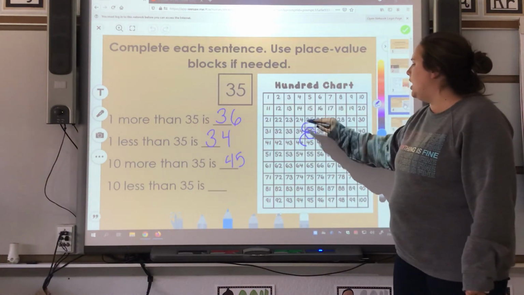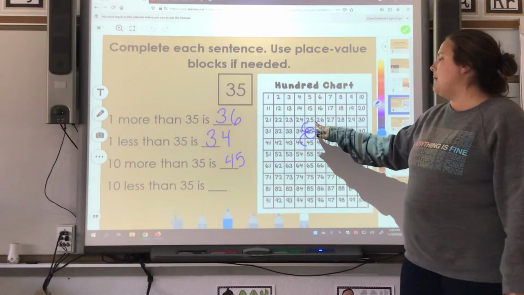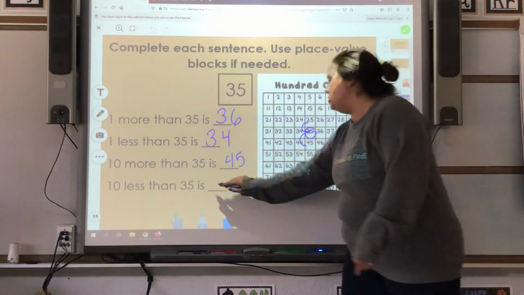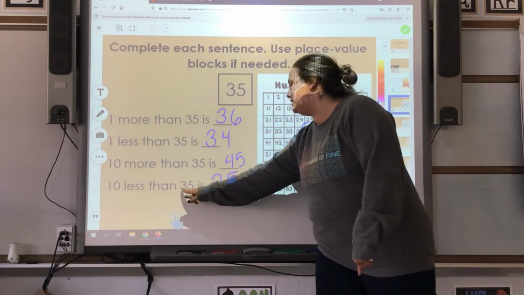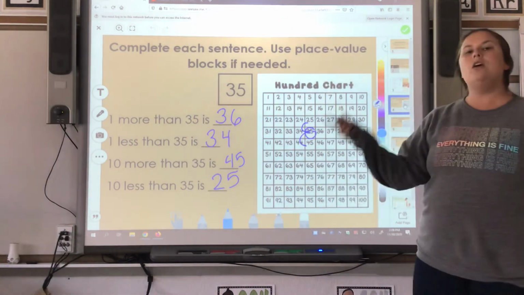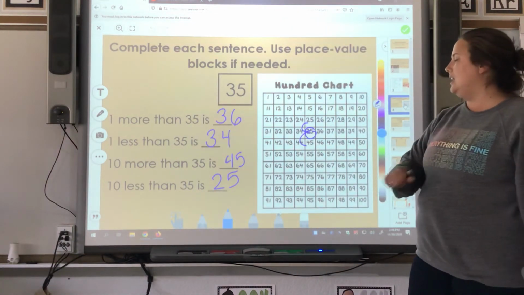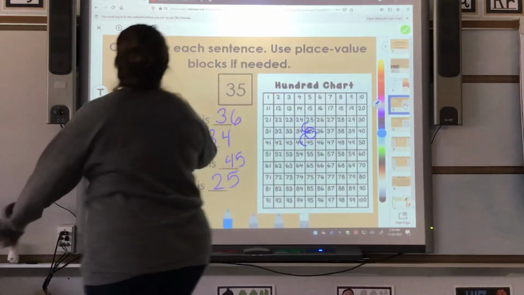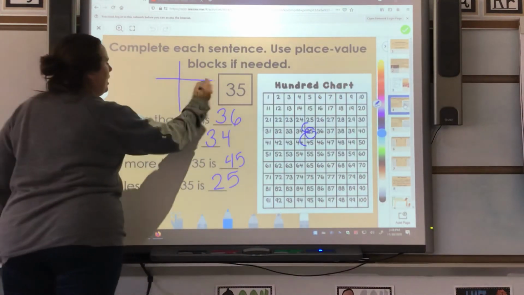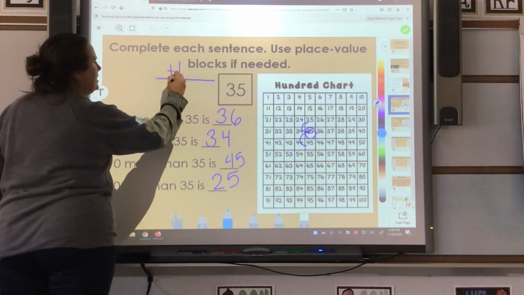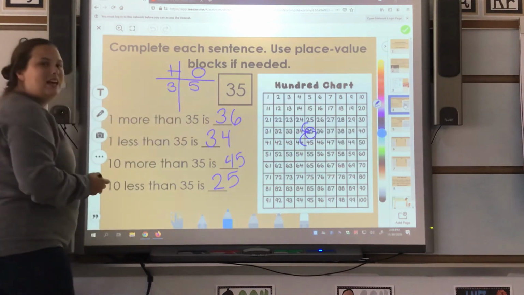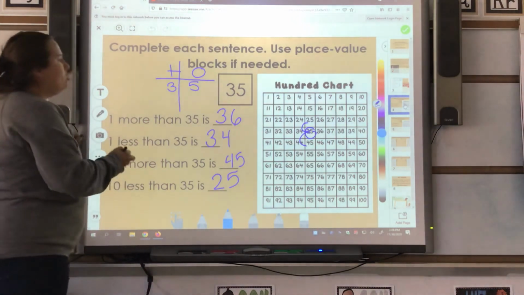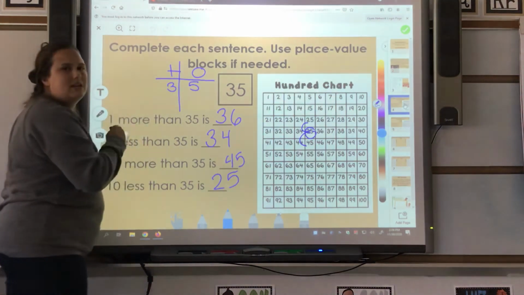So now we need 10 less. So we're going to go up 10 and make it 25. You know that 25, the 2 is less than the 3. So we subtracted 10. So on his T-chart that was just in the video, if we had our 10s and our 1s, and we had 35 and we needed 10 less, you only take away from the tens place.